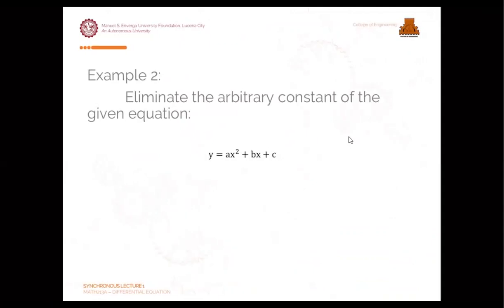Okay, next, ito ay this one. Ilan yung constant natin? We have 1, 2, 3. So, 3 arbitrary constants, meaning tatlong beses tayo magde-derive. First derivative, y prime is equals to 2ax plus b. Then, second derivative will be 2a, and third derivative is equals to 0.